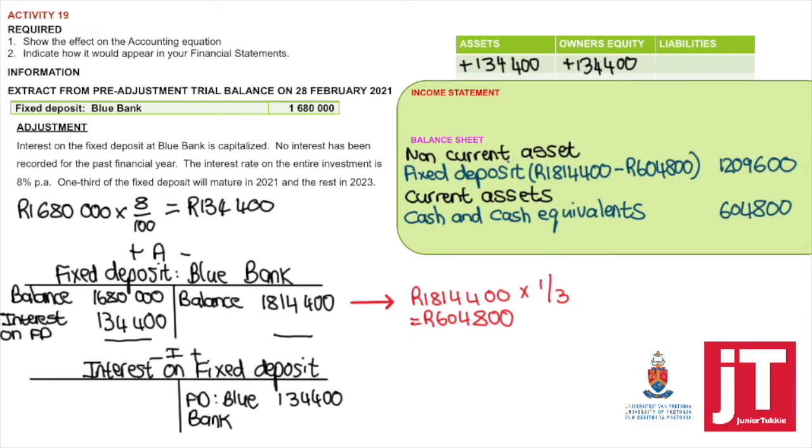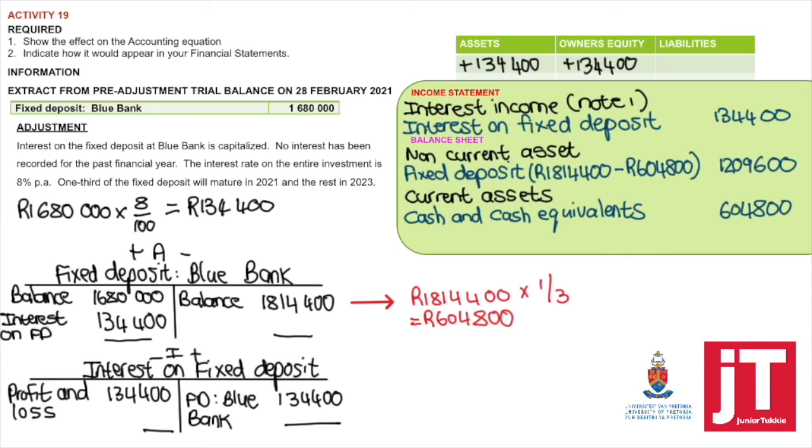Under current assets, I'm going to have cash and cash equivalents, my fixed deposit, 604,800. So I've taken out what will mature, the 1/3 in the next accounting period, and I've shown it under current assets. In my income statement, note number 1, interest on fixed deposit, 134,400.